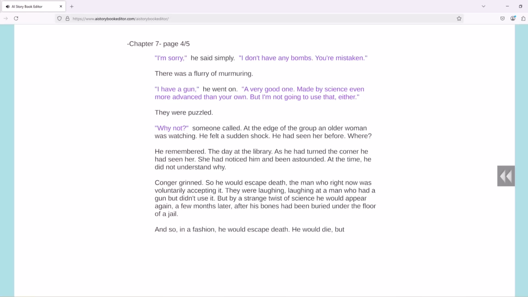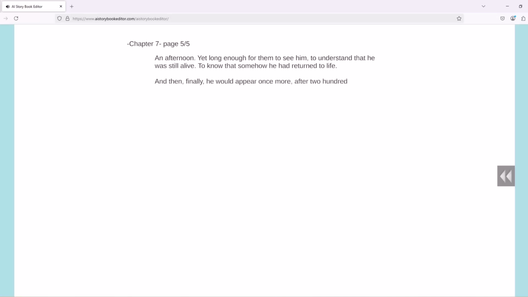He would die, but then, after a period of months, he would live again briefly for an afternoon, yet long enough for them to see him, to understand that he was still alive, to know that somehow he had returned to life. And then, finally, he would appear once more after 200 years had passed. Two centuries later, he would be born again, born, as a matter of fact, in a small trading village on Mars. He would grow up, learning to hunt and trade.